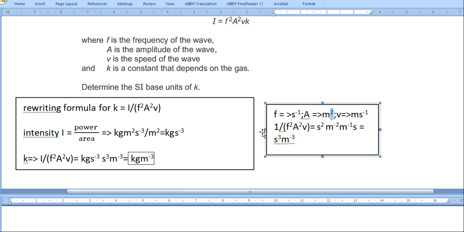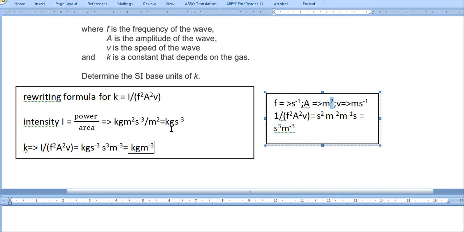So when we divide 1 by this expression, we get second cubed meter minus 3. So we should multiply intensity by this 1 over. So when we multiply, we simplify, we get kilogram meter cubed minus.